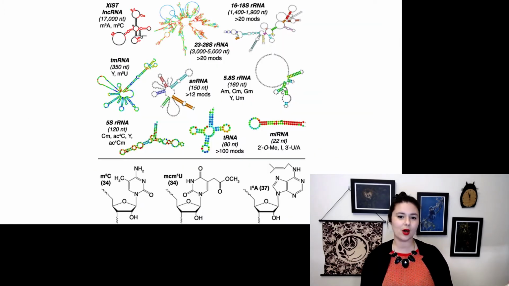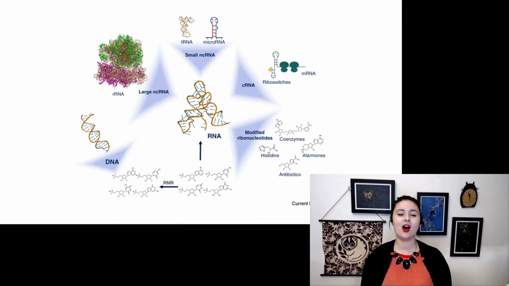So here are just a few examples of the vast array of different types of RNA: mRNA, tRNA, microRNA, rRNA, sRNA, lncRNA. Some of these, I don't even know what they are. And all of these things have a different function in our cells.